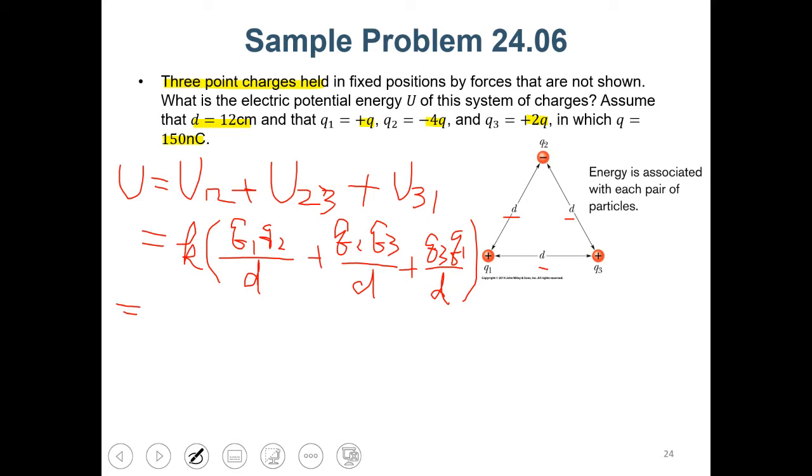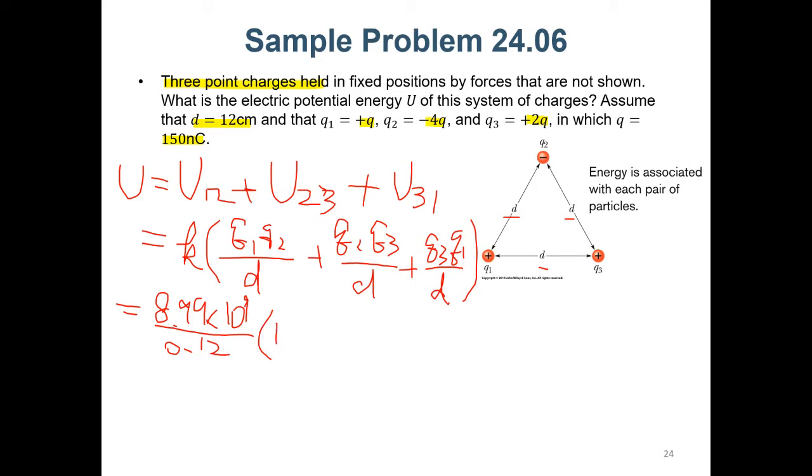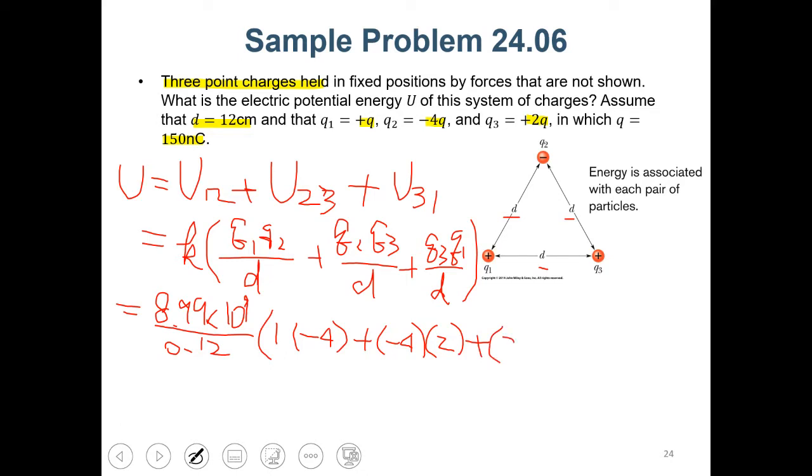So it is nothing but 8.99 times 10 to the 9 over D, which is 12 centimeter, which is 0.12. Q1 is 1. Q2 is minus 4. Q3 is plus 2.